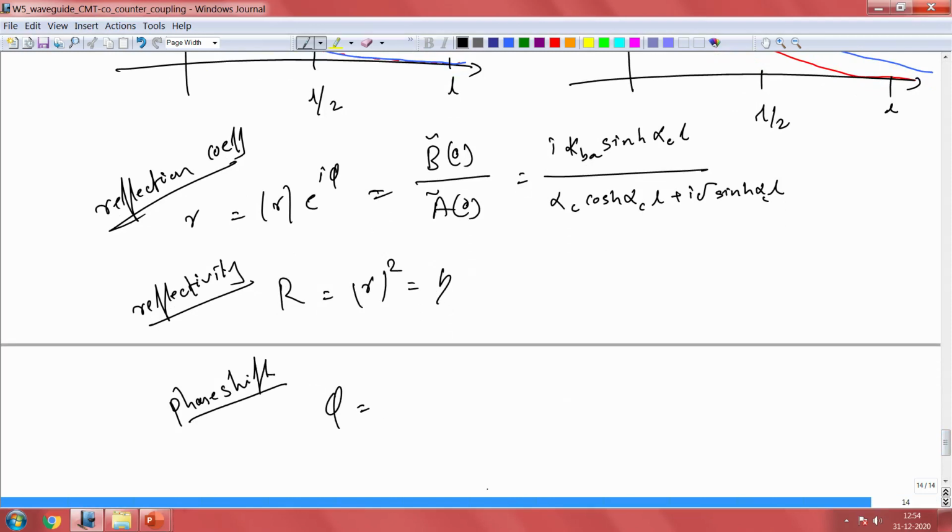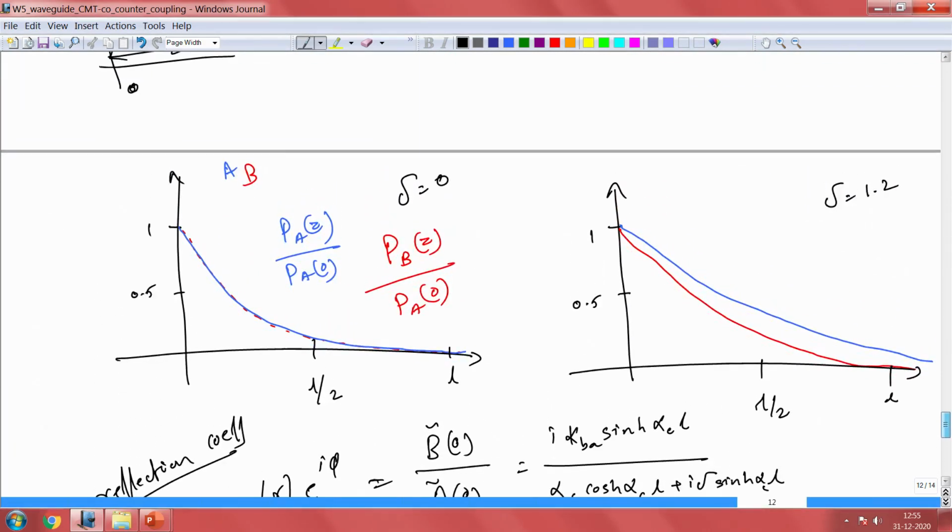That phase shift is given by whatever comes from the reflection side and then the propagation: tan inverse of delta over alpha C tanh alpha C times L. So, this is how you can find the reflectivity and the phase shift that you may have when you are considering this counter propagating coupling.